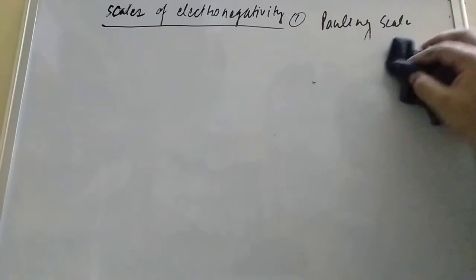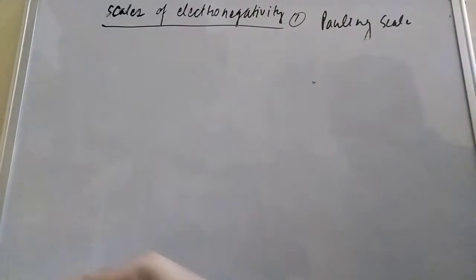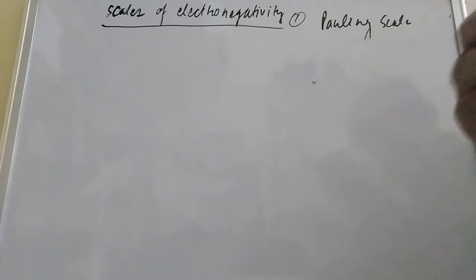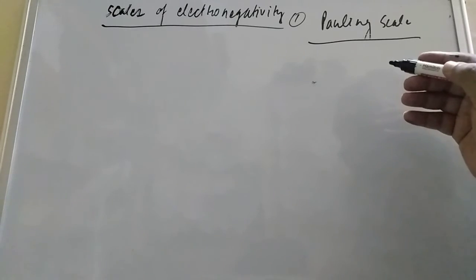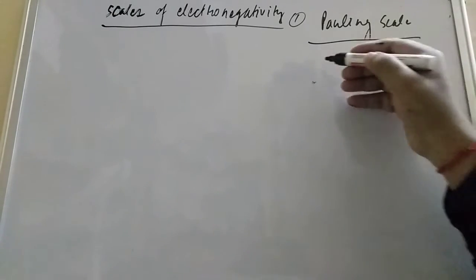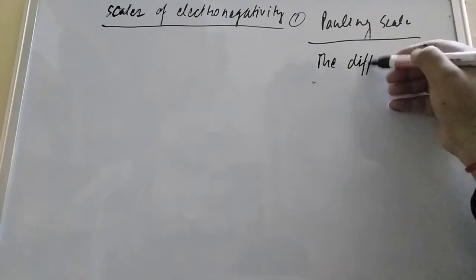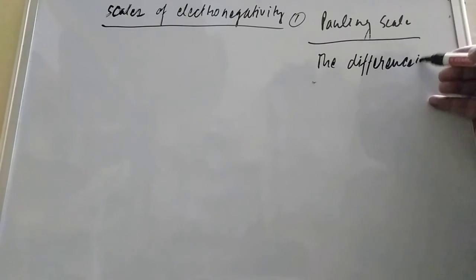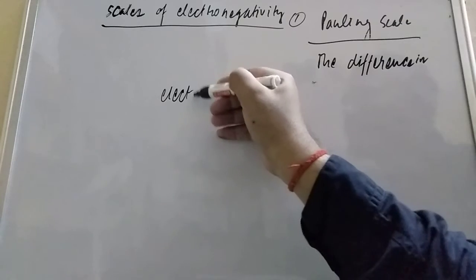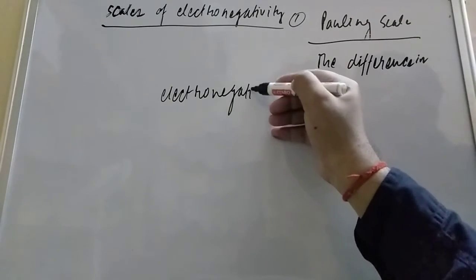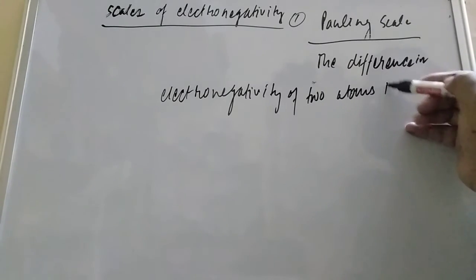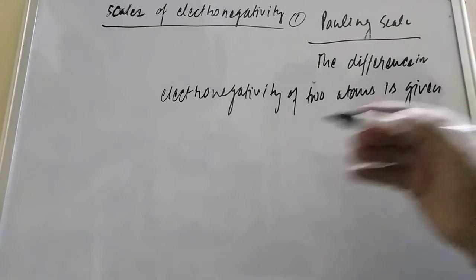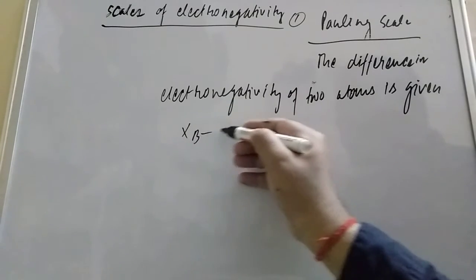In this video I am giving the formula and explaining it; in the next video lecture we will learn how to calculate electronegativity. In the Pauling scale, the difference in electronegativity of two atoms is given by xb minus xa.